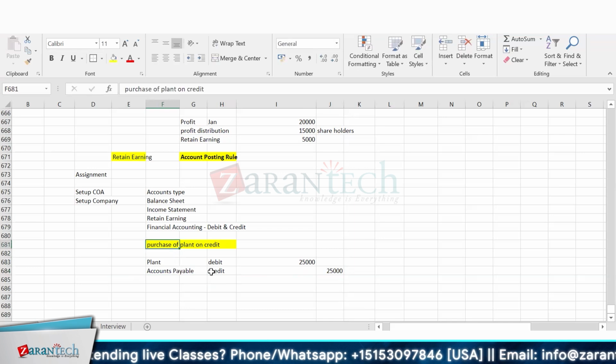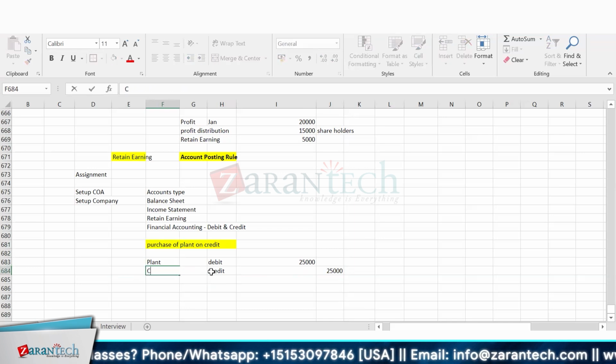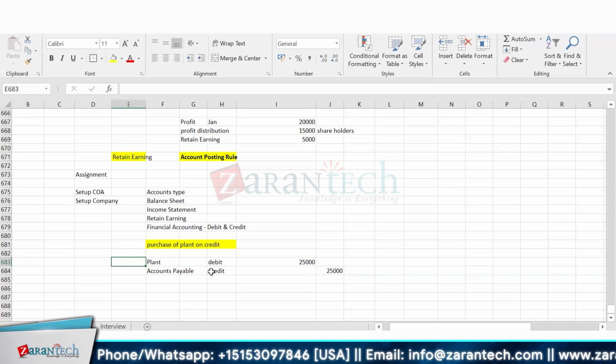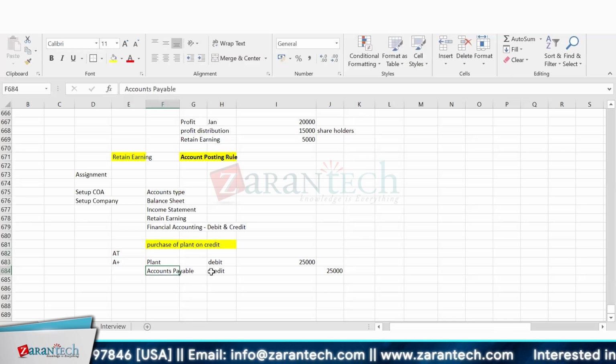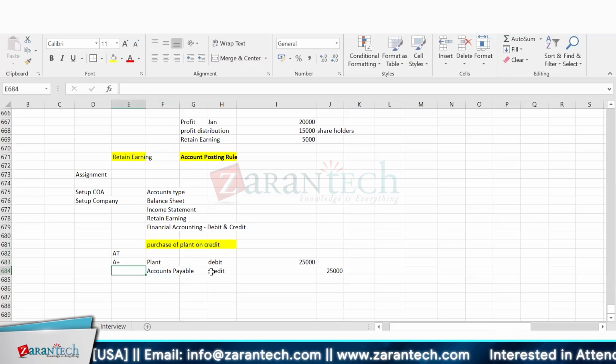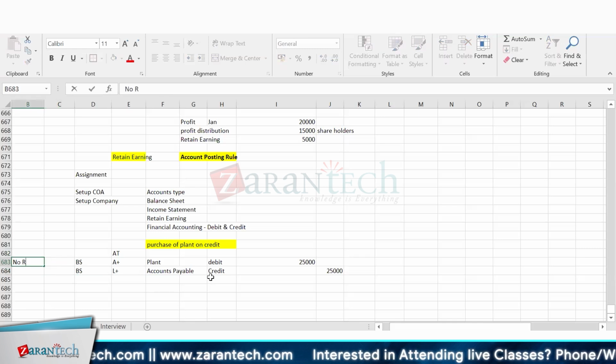Whenever there is credit, my accounts payable will hit. Otherwise, we will write cash. What is the account type? AT is account type. Plant is my asset, so A plus. Accounts payable is my liability, so L plus, liability is increasing. Both are balance sheet accounts. So no retained earning, no RE.